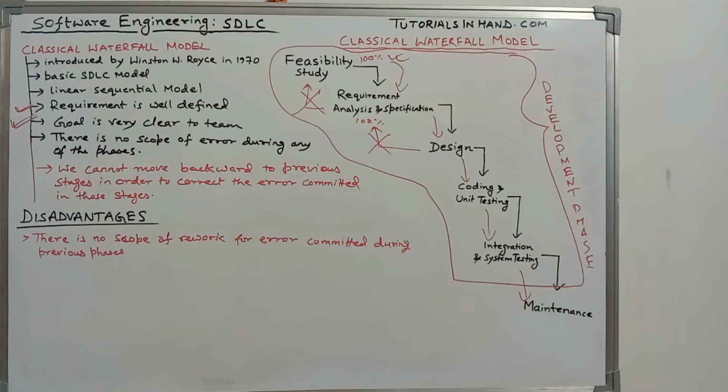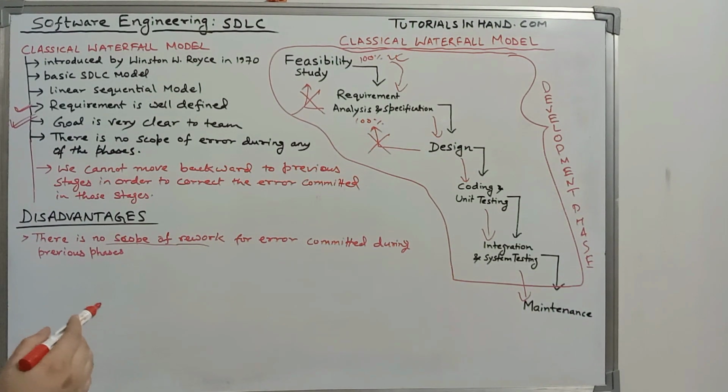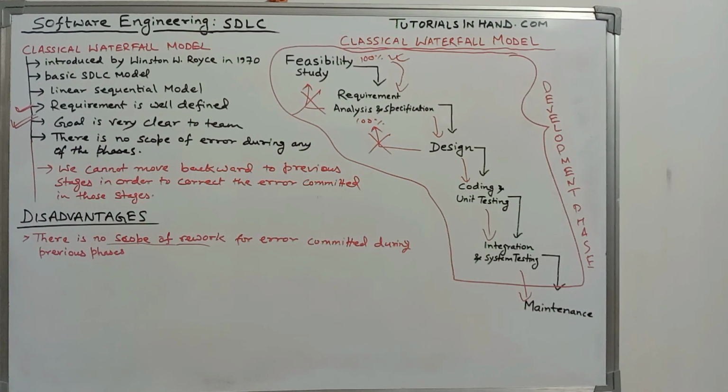So this is something which should be possible in a good SDLC model, which this does not provide because it was created somewhere around 1970. It is one of the oldest models and the basic model, right? So we will get other models which solve this problem, where you can go back and correct the error of the previous phase. So this is one of the biggest disadvantages of the classical waterfall model.